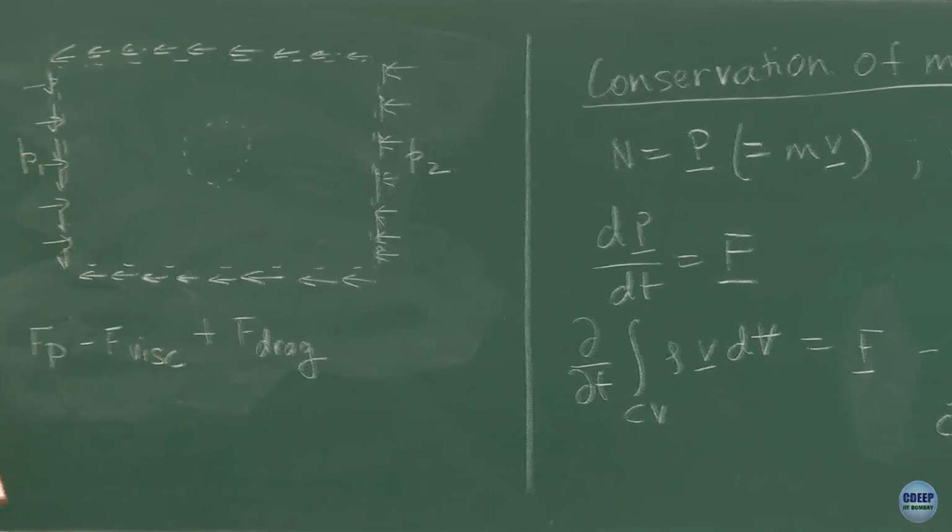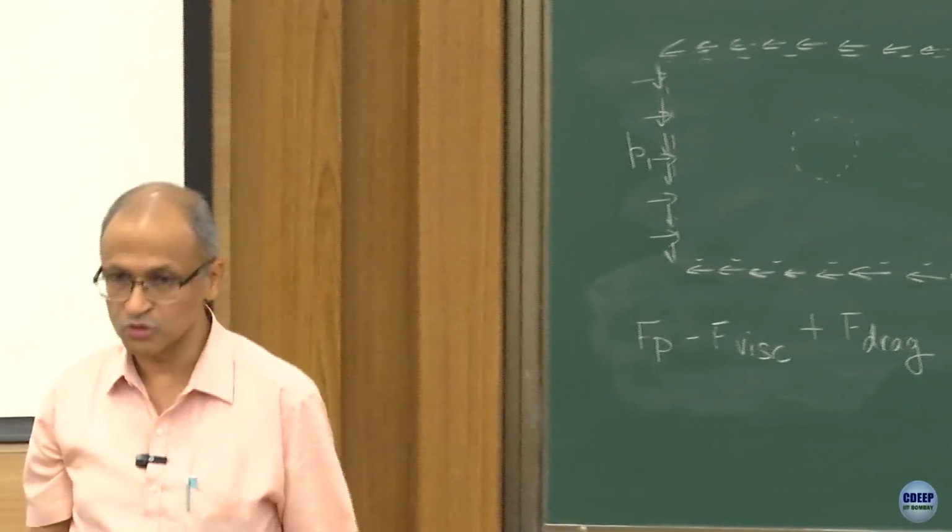So now I am going to assume that the control volume is large enough that I satisfy this. If I am not satisfying them, then I will have to actually compute the viscous forces and the pressure forces, which is not necessarily trivial. I will need more information to be able to compute these forces. So we will assume that the control volume is large enough and I don't have to bother about them.